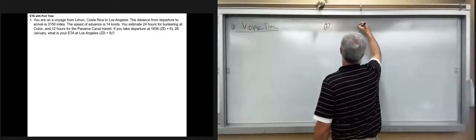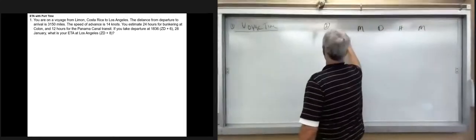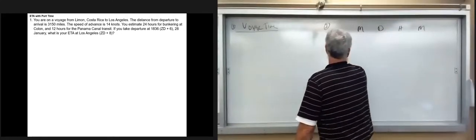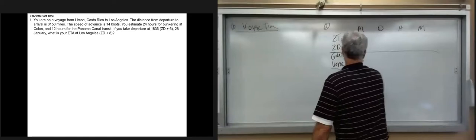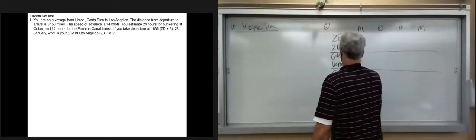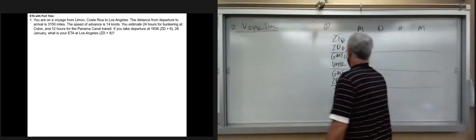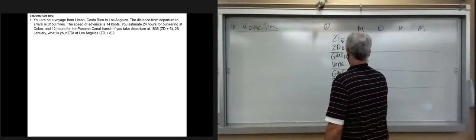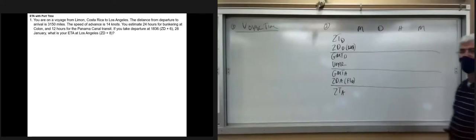My computer is gonna be month, day, hour, minute, zone time departure, zone description of departure, GMT departure, voyage, GMT arrival, zone description arrival, zone time arrival, flip, keep. I'm all ready to do the problem now.